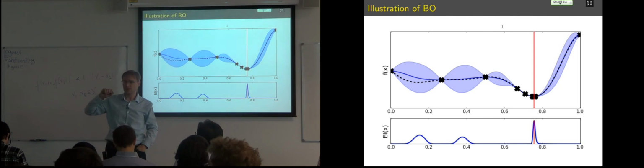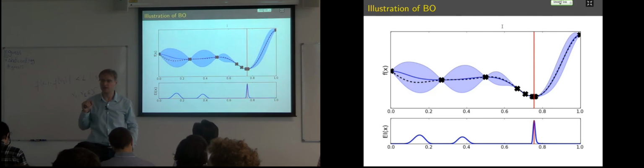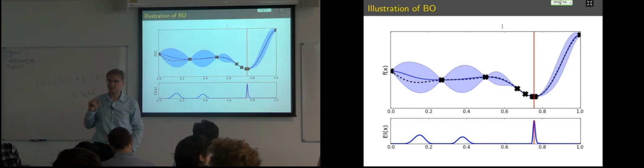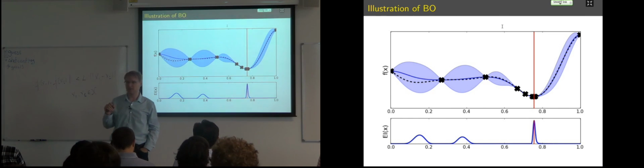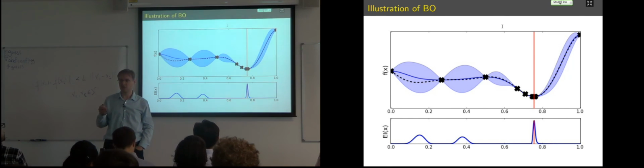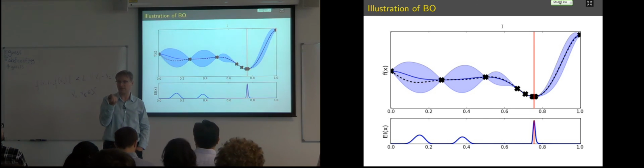I was wondering, do we put the condition for convergence on the original function or, for example, on the shape of the acquisition function? Typically, the condition for convergence is that you have a limited budget. So typically, you don't converge because the evaluations of f are very expensive. So you just collect as much as you can.